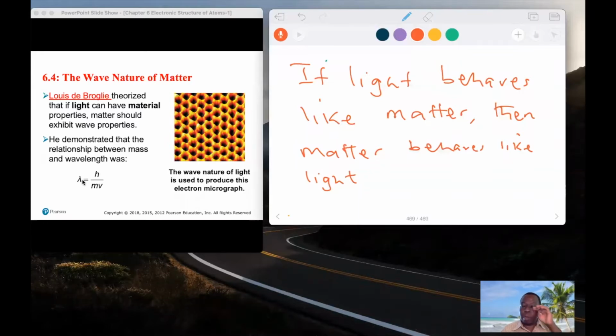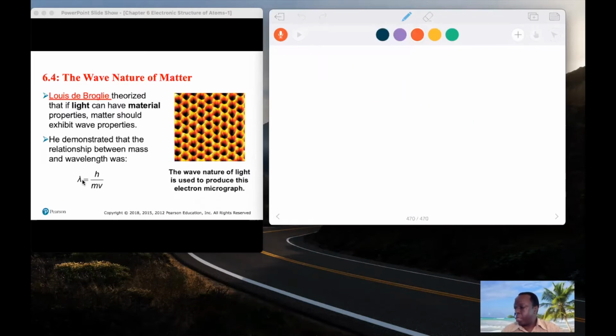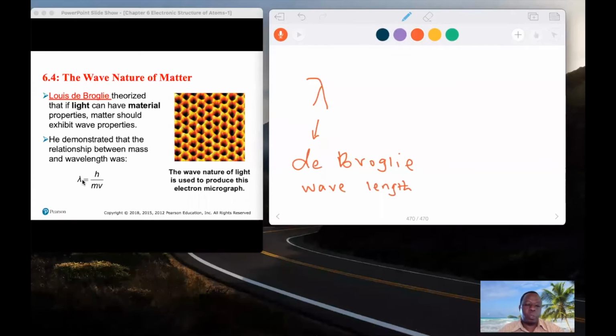It's not the wavelength of light. This is for matter, and what he was proposing was for an electron. It is given by this equation.